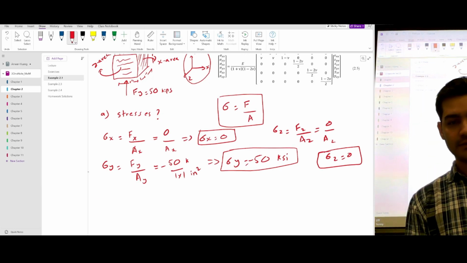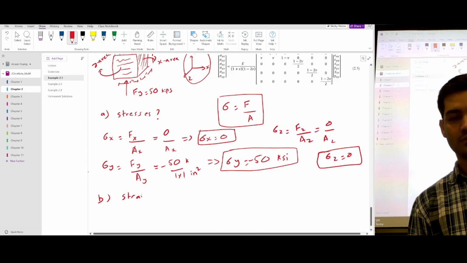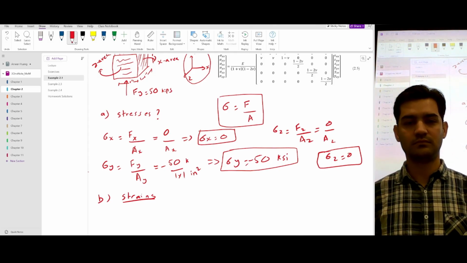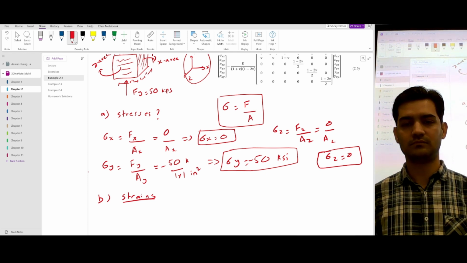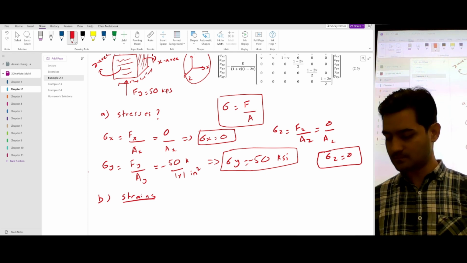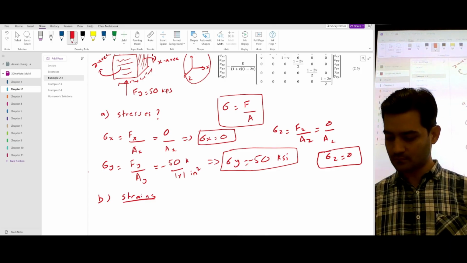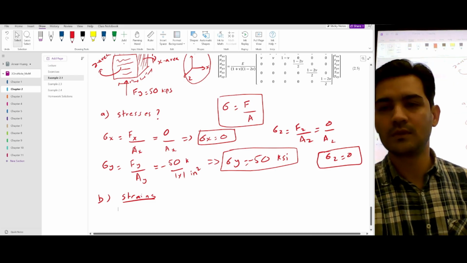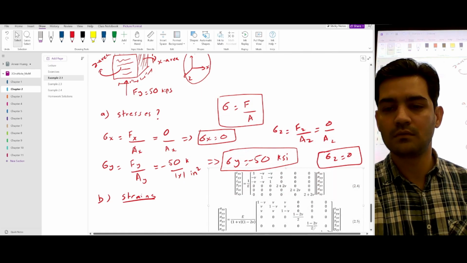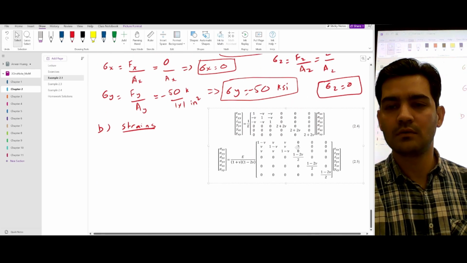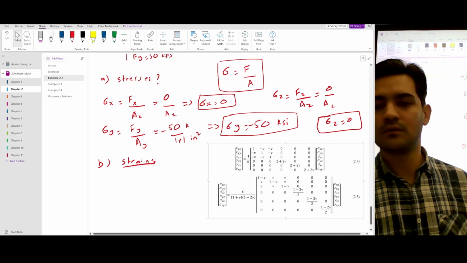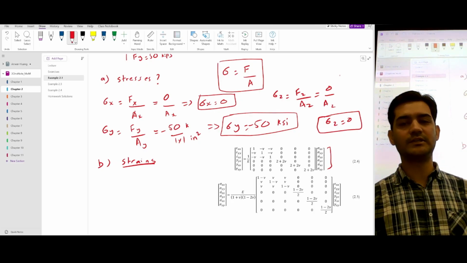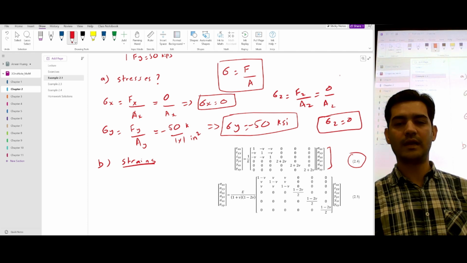So the second part is strains. Since we have already calculated stresses, we can use this equation and we can calculate the strains.